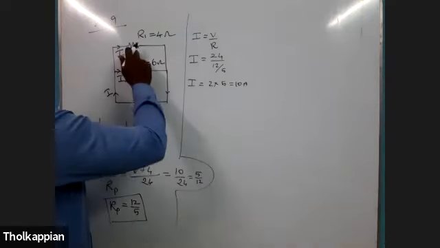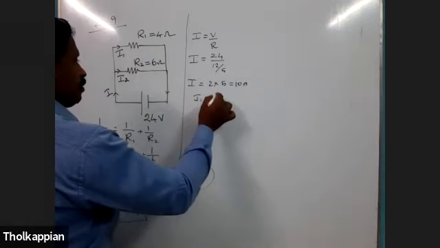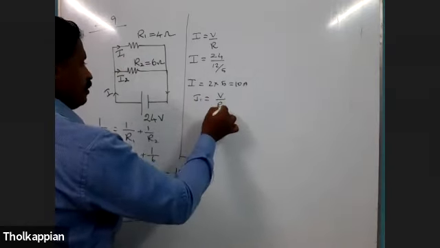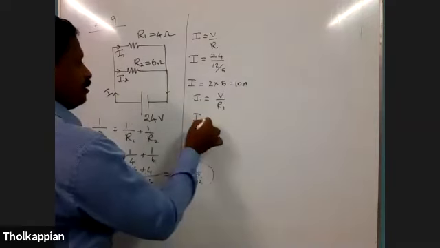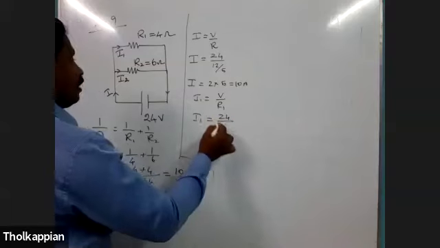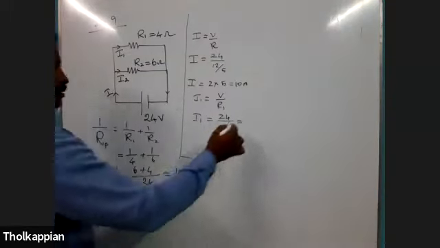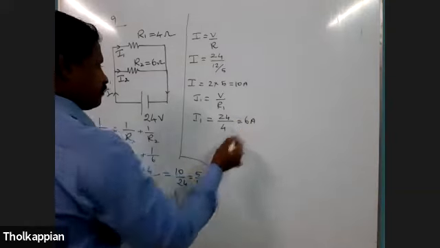And what is the I1 value? What is the I2 value? I1 is equal to V by R1, as the potential is the same. So I1 is equal to V value 24 by R1 value 4, which is 6 ampere.